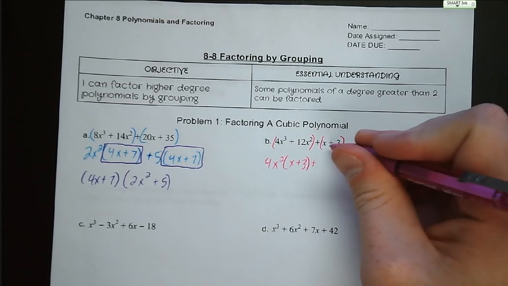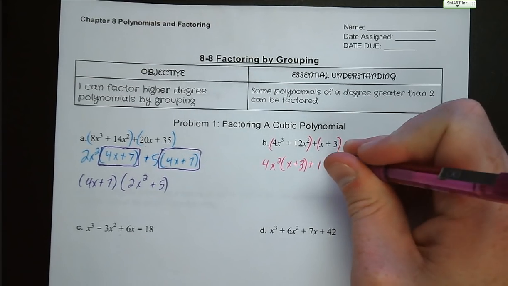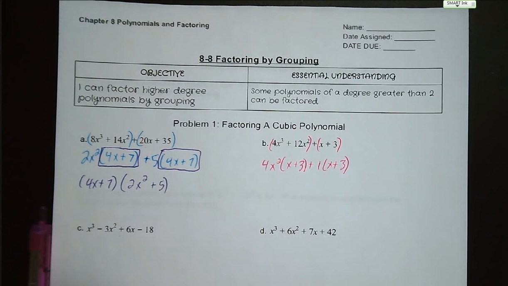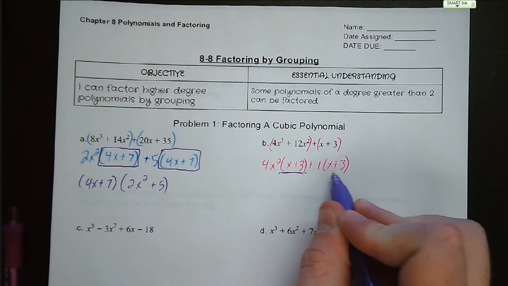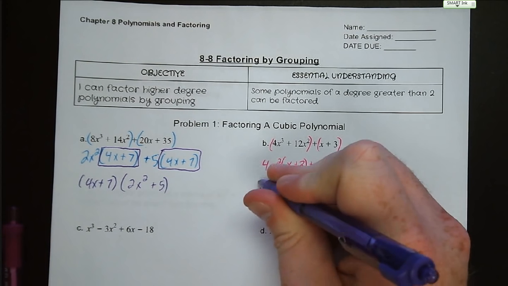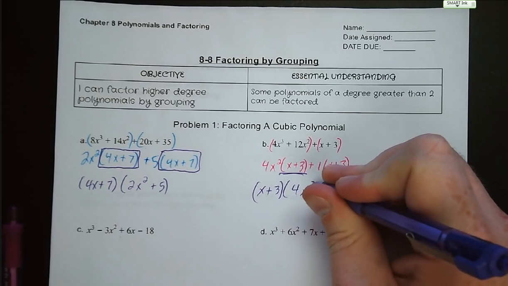Plus, what can I bring out of this? I could just leave that as a 1 times x plus 3. So my common factor there is x plus 3. So we bring out x plus 3, and I'm left with 4x squared plus 1.